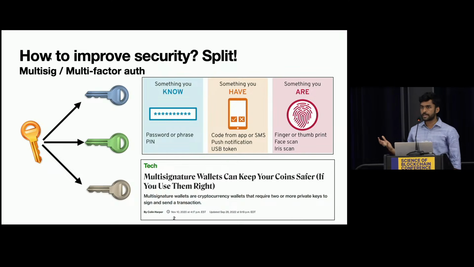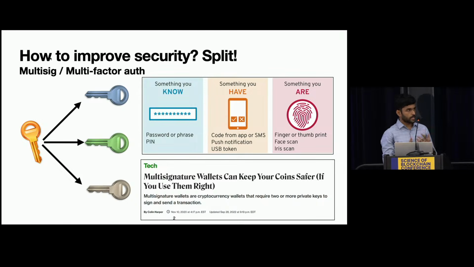Now, authentication mechanisms are used everywhere, both in Web 2 and Web 3. And a really common paradigm we see across the board is to try and split the secret into shares so that even if one of the shares is lost, your scheme is still secure. And in fact, this is the focus of the prior talk.